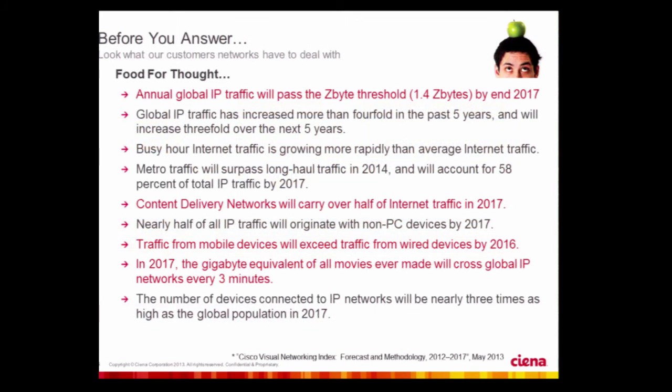Basically that means that you have to build a much more flexible network, and of course cost also comes in. You can't just over provision the capacity always to accommodate that needed capacity, because that would not be so cost efficient. To prove these points a bit more, these are some results of a market research that Cisco did. A couple of important points: while the traffic is still growing very fast, over the past 5 years it grew by a factor of 4, and the expectation is that in the next 5 years it will triple again, so the capacity continues to grow.